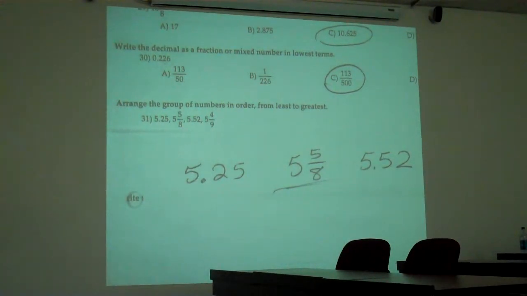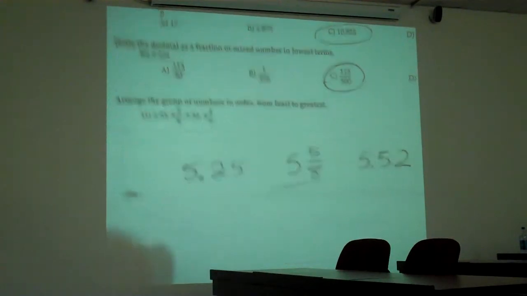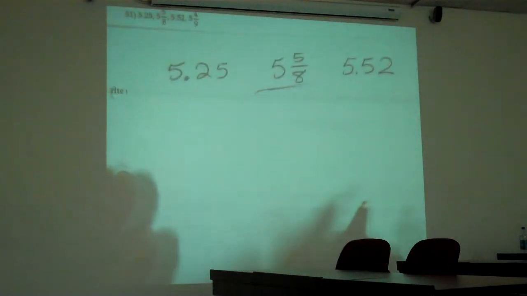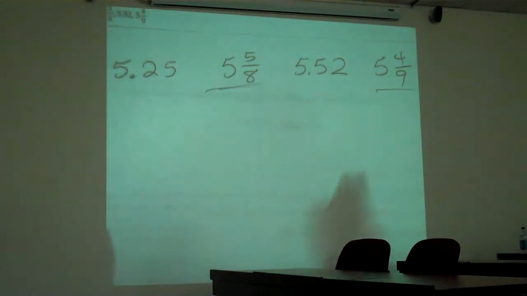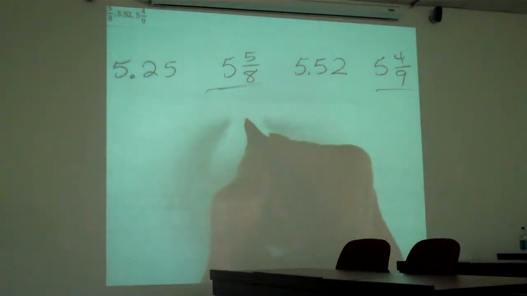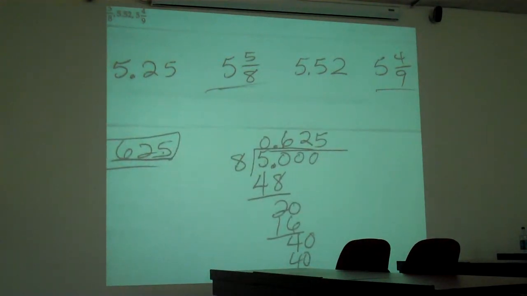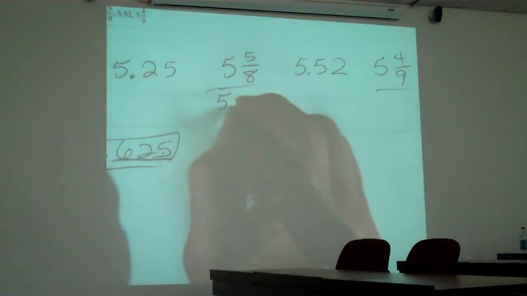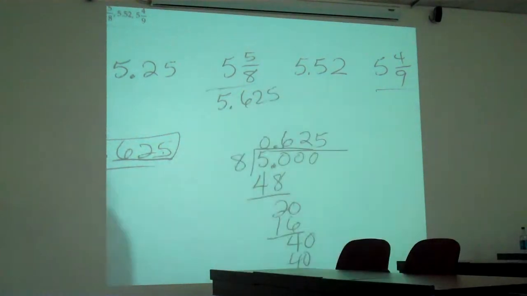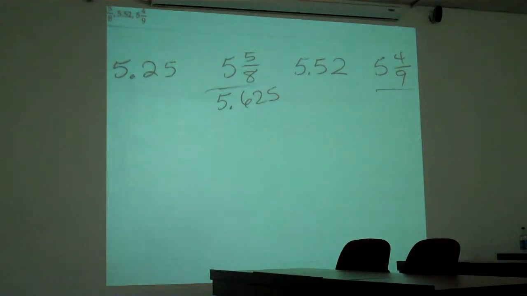5/8. Okay, let's do 5/8. 5 divided by 8. Just did that one, 625. We just did it, huh? 0.625. Yeah, so that's 5.625. Okay, how about 4/9?